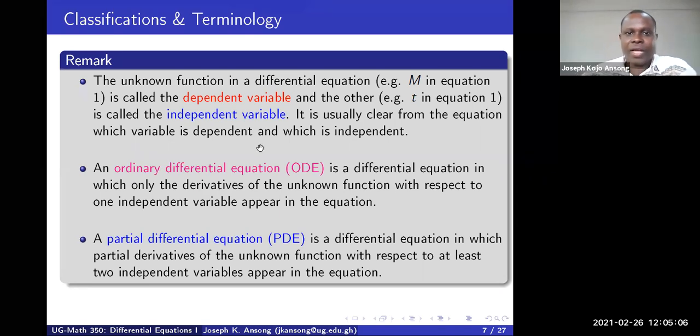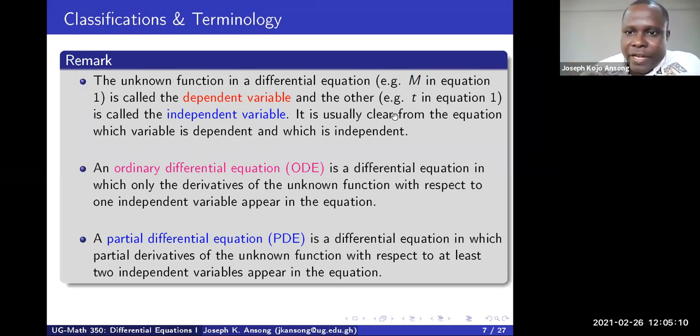Okay, so the unknown function in a differential equation, let's say the m in our equation, is called a dependent variable, right? It is a variable that is changing with respect to some other variable, right? And the other variable, which is t in our case, will be called the independent variable. So this is the variable that is not changing. Often it is clear from the equation which one is dependent and which one is not.